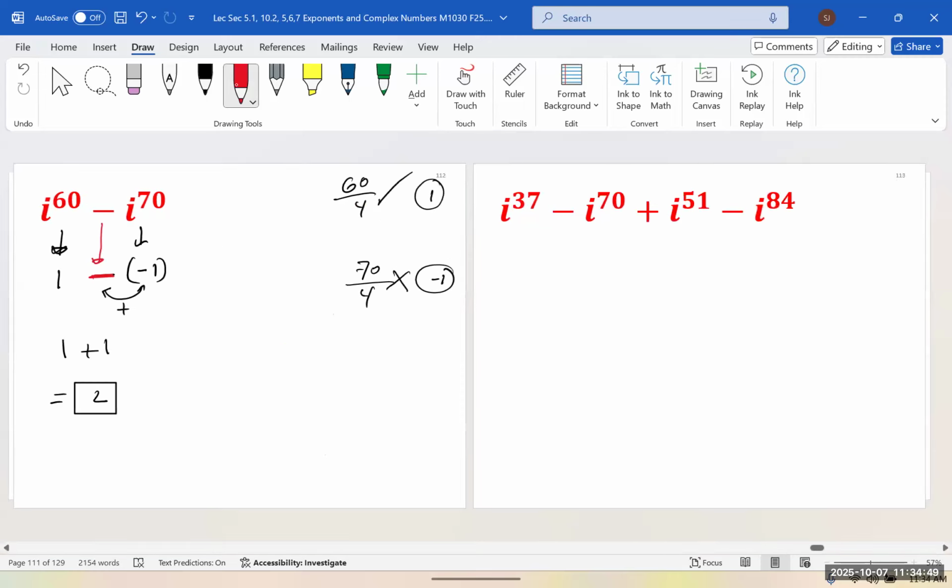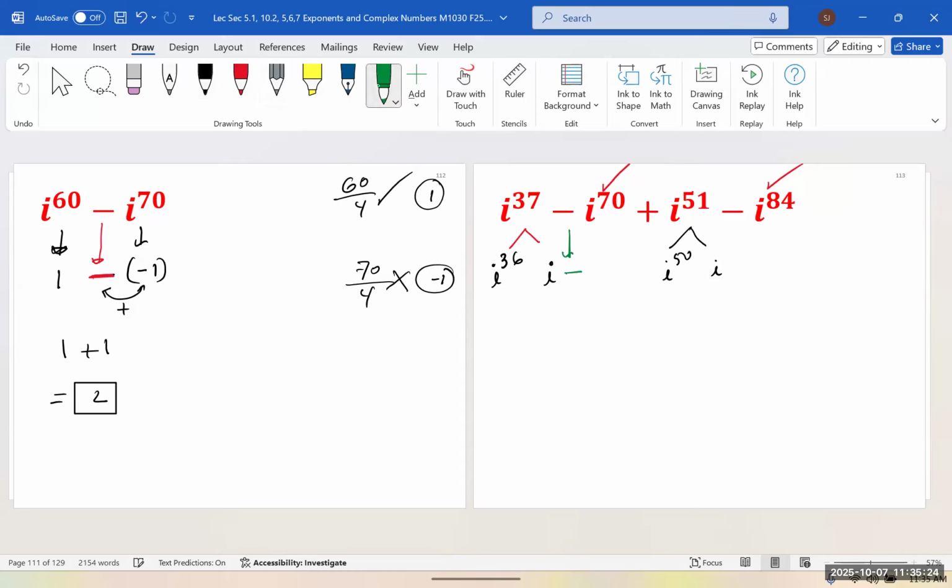The last one. This is even, so you don't have to do any math. How about this one, 37? What 2 numbers we write? 36 and i. How about 51? 50 and 1. So these two to split, and these two we can do directly.